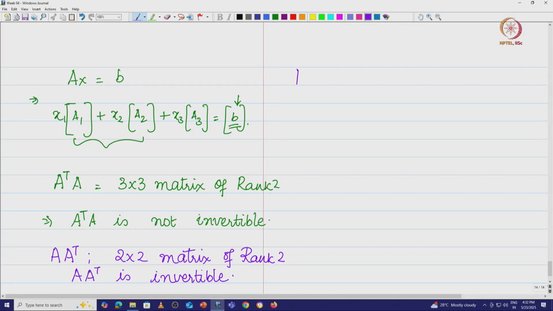In this case, note that B is already in the column space of A.